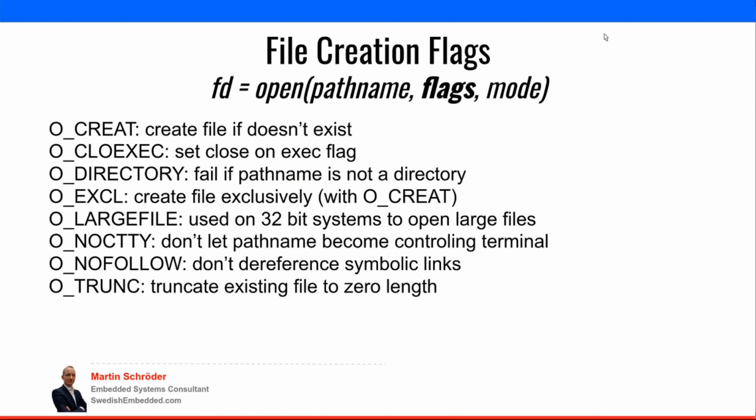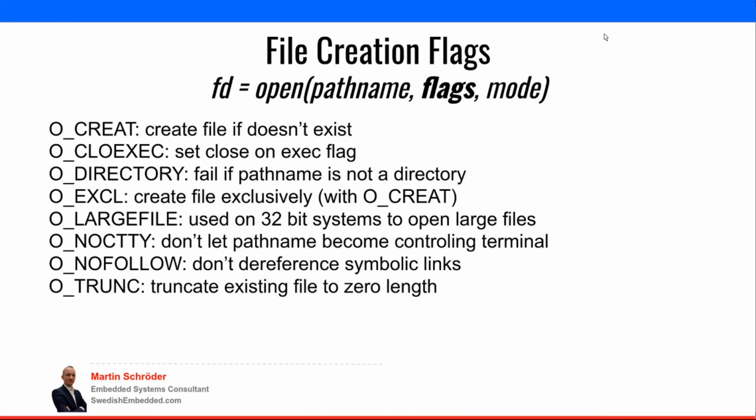Next, we have the file creation flags, and these flags specify how the file is created and how the file behaves when, for example, you fork the process, when you copy the process that is running your program, and whether for example the file descriptor should be closed or whether it should remain open and be available to the new process. Let's go over all of these one by one, in this order.